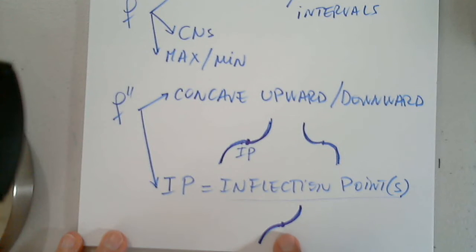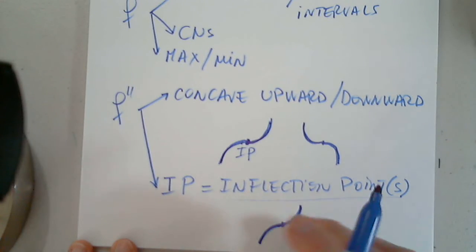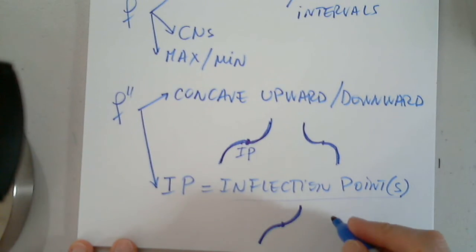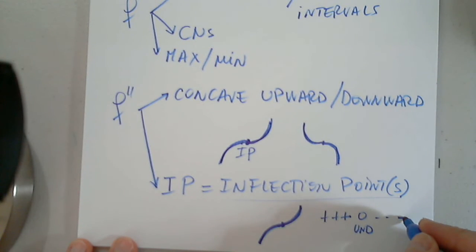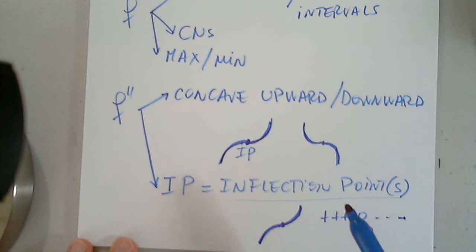It's not a critical number that gives a max min, but it's a point where the function changes concavity. Of course, the same idea happens for inflection points. The first derivative has to be positive, 0 or undefined, and negative for an inflection point, or negative, positive.